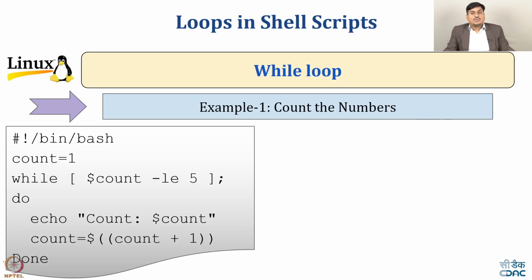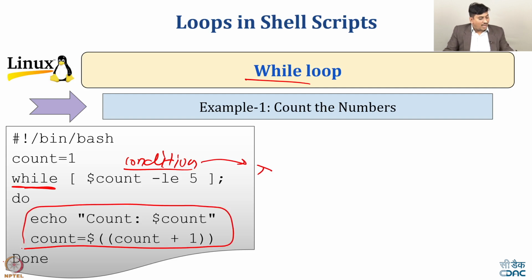Now let us talk about another kind of loop in shell script, that is the while loop. In case of the while loop as well, there is a simple syntax. There is a keyword while, then there is a condition, and till the condition is true, do some operation, and when the condition is false, just get out of that loop.